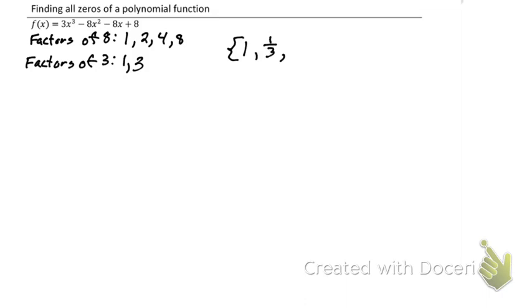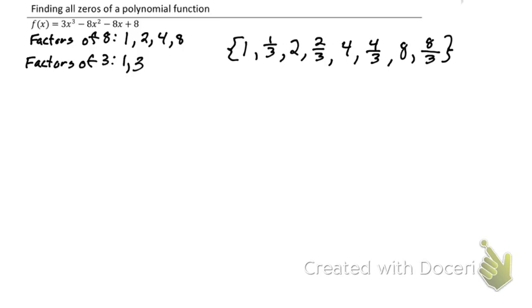Then we'll go back and do 2 over 1, which is 2. And then 2 over 3. Then 4 over 1, which is 4. 4 over 3. 8 over 1, which is just 8. And 8 over 3. If you're very particular about how you do stuff, you could order this from lowest to highest. A lot of times I just leave it in this order, especially when there's this many numbers.